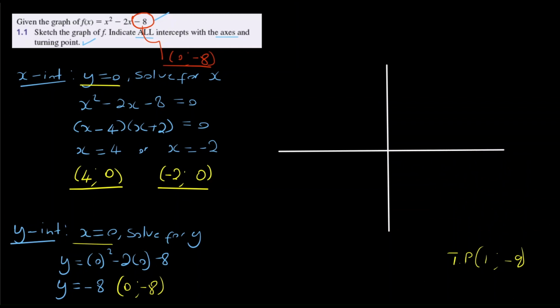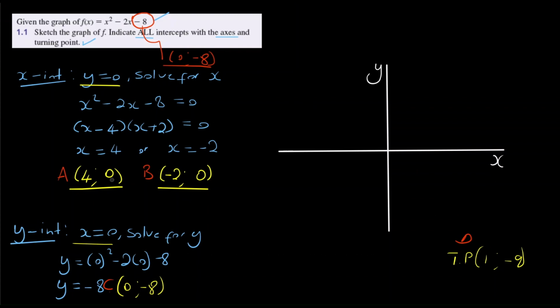So we can quickly label our graph. Let's just have some fun and label these points A, B, C, and D, just so that it's easy to represent in our Cartesian plane.